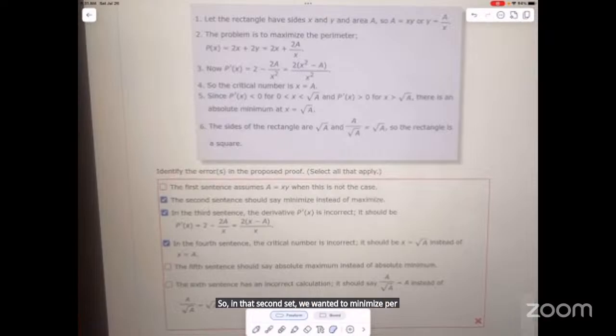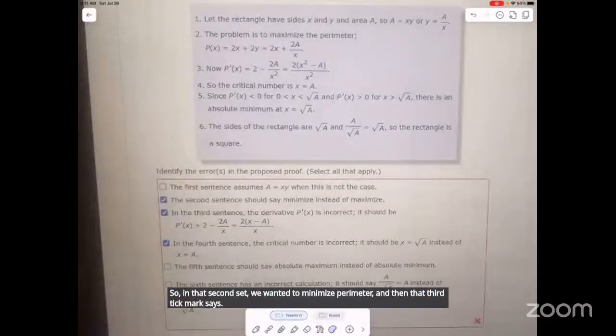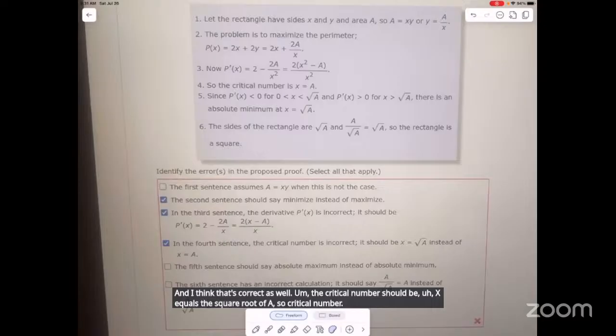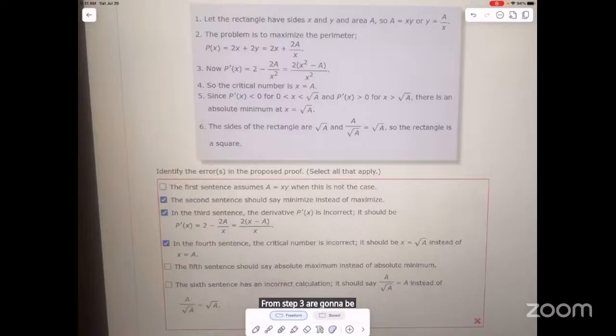And then that third tick mark says, in the fourth sentence, the critical number is incorrect. It should be x equals the square root of A instead of x equals A. And I think that's correct as well. The critical number should be x equals the square root of A. So critical numbers from step 3 are going to be any x that makes either the numerator 0 or the equation undefined.